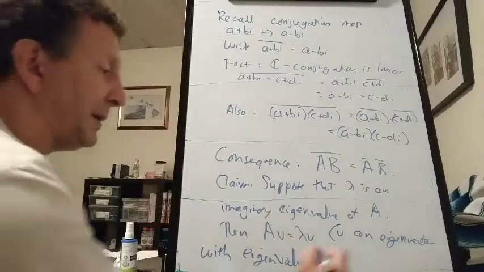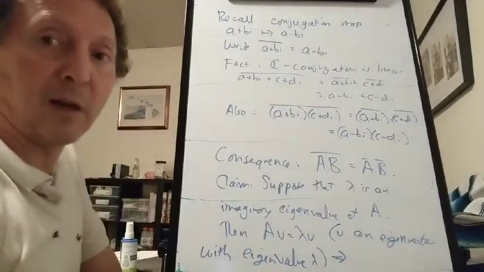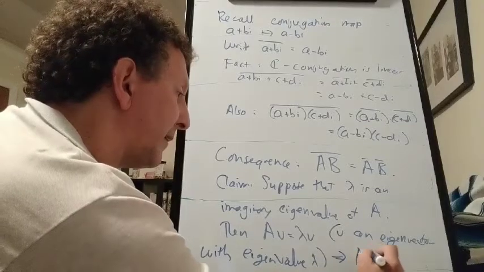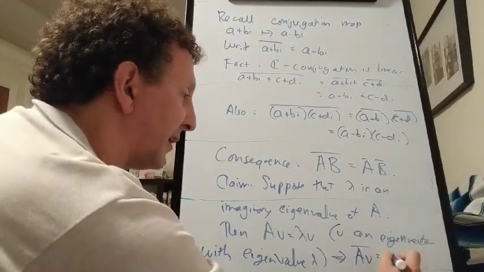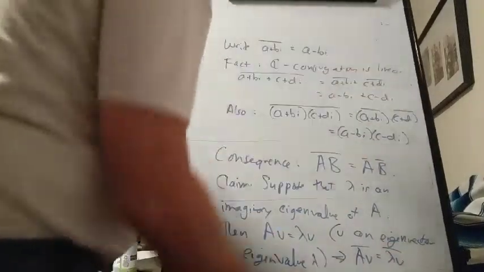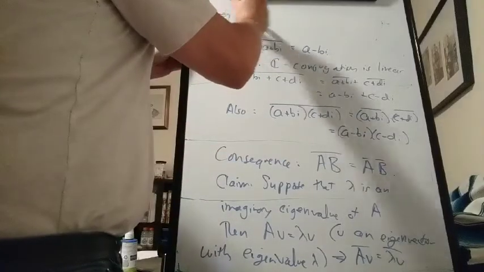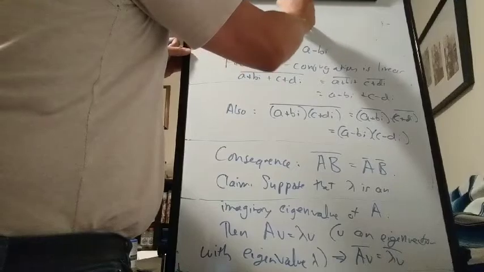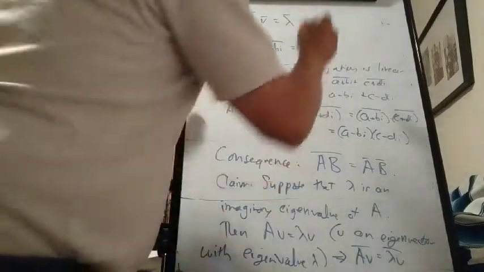So AV being equal to lambda V implies that we can take the conjugate of both sides: A bar V bar equals lambda bar V bar.